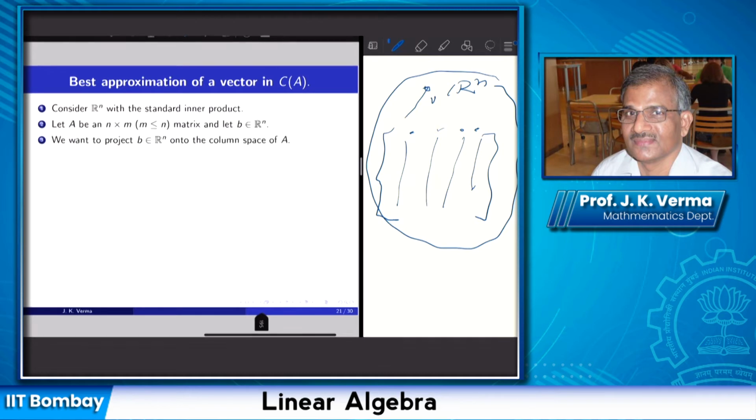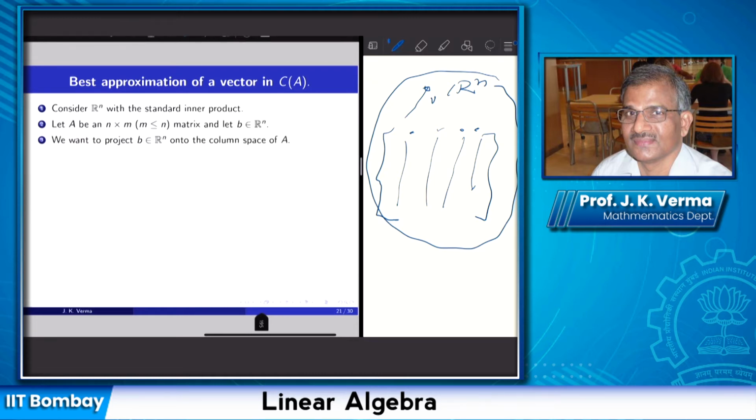By the theory that we have developed, the vector which comes closest to V, which is inside the column space of the matrix, is the projection of V in the column space. So how are we going to find this? Well, take the column space of the matrix, construct an orthonormal basis of the column space, and then take the projection of V using this orthonormal basis. That is the best approximation in the column space.